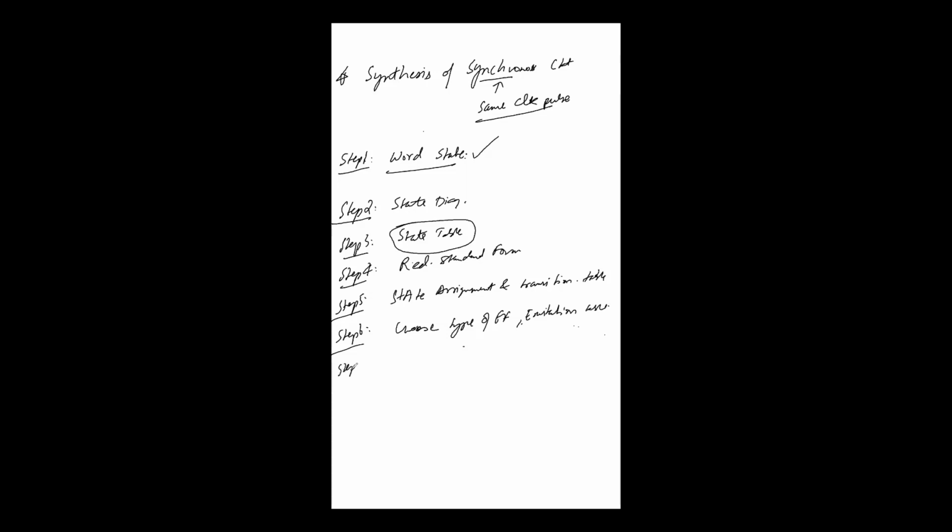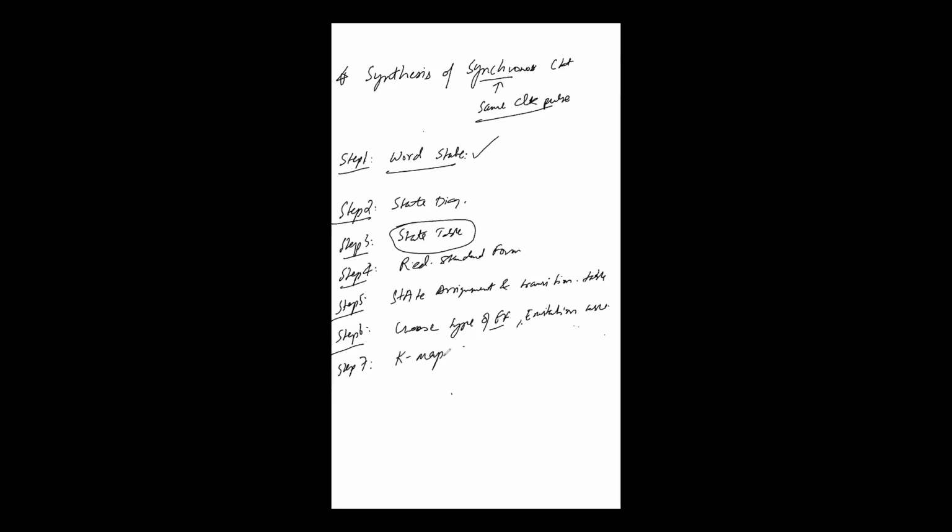Step number six: if the flip-flop is already mentioned in the problem, that you have to utilize a certain kind of flip-flop, then you have no options. Otherwise, you can select any one of the four flip-flops that we have seen. Next step is K-map.